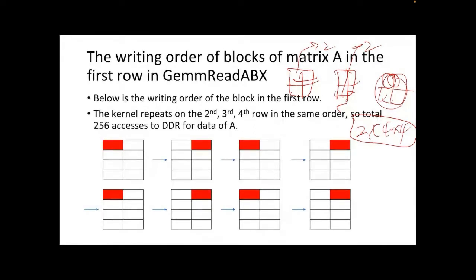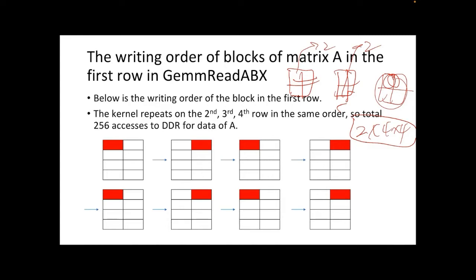The subblock 2 by 4 and the subblock of the C matrix 4 by 2, these are two subblocks. Every time you do that, you bring the element from the DDR. Yes, it is inefficient.